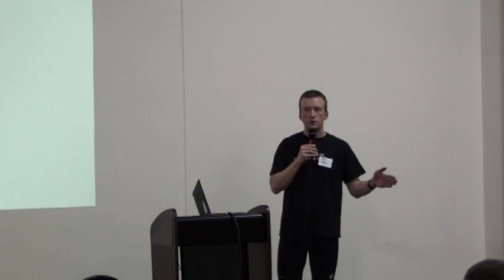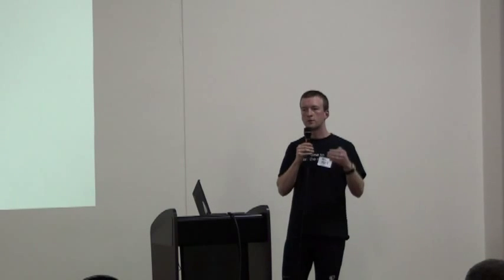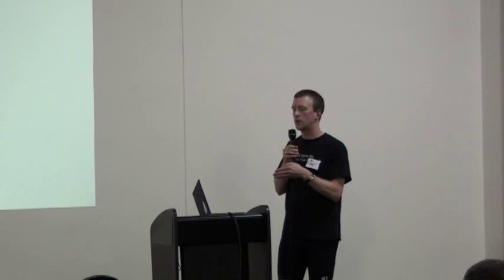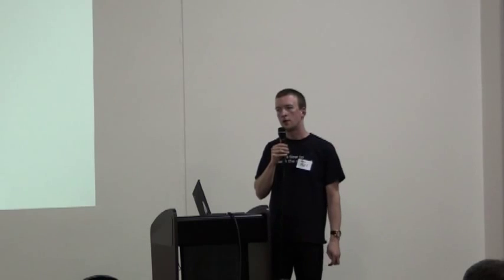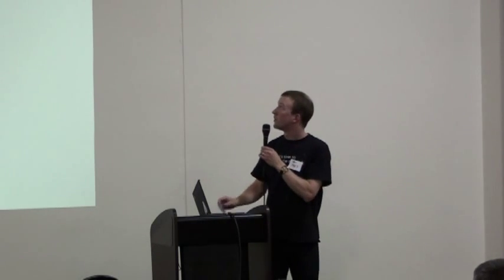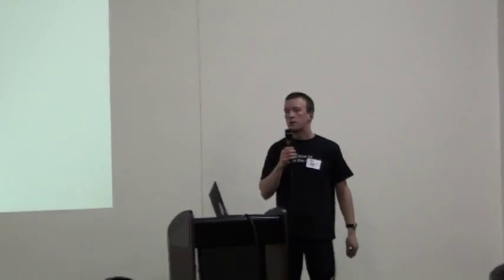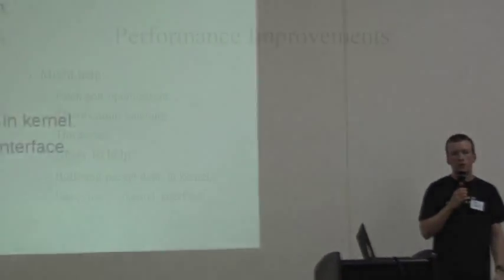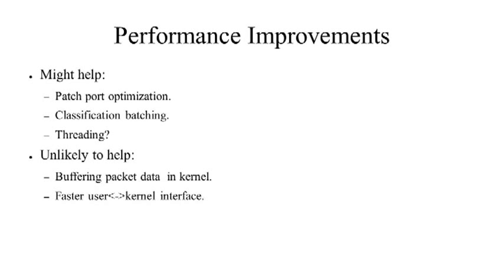But it's the cases in the middle where it's not easily cached, and it's not so many that you can't expect to even look at the packets at all that are a problem. So there are various ways that we can address these middle cases. We use patch ports a fair bit at Nicira.